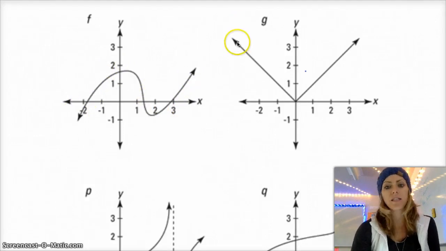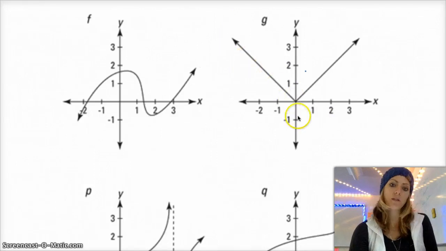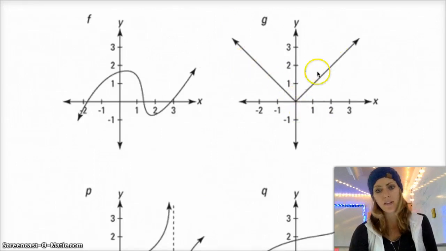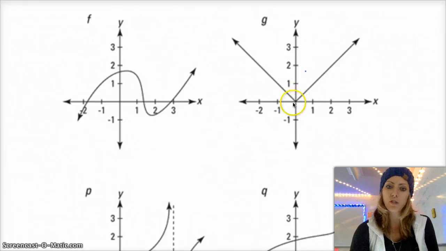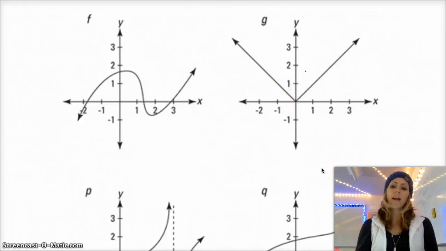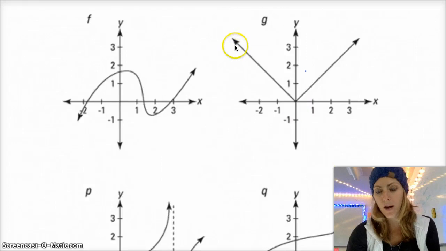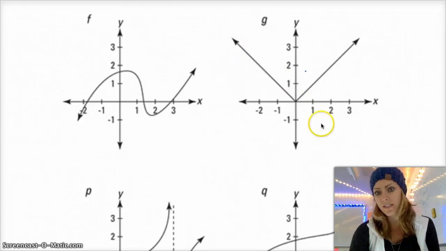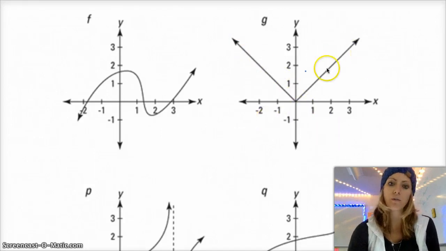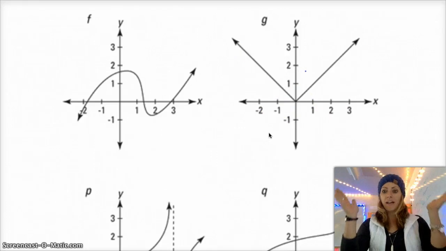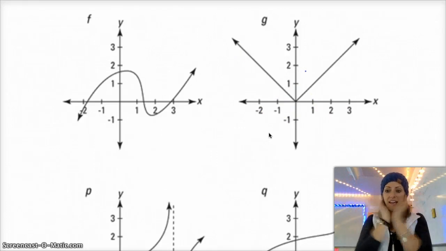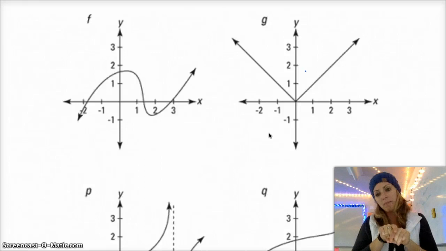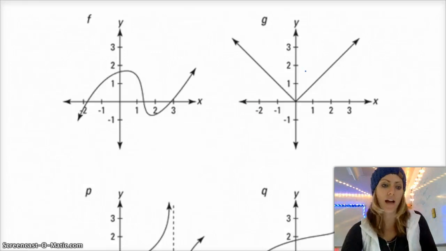g of x, on the other hand, is different because you see that sharp corner at 0. This is the absolute value function, but since there's a sharp corner at 0, it's not differentiable. The derivative coming in from the left is -1, the slope of this tangent line is -1, and the slope of this tangent line is +1. They hit at a sharp corner and you don't have the same derivative coming from both sides.